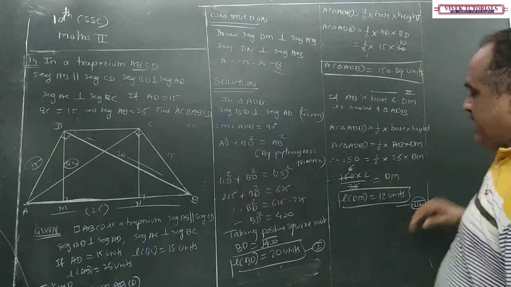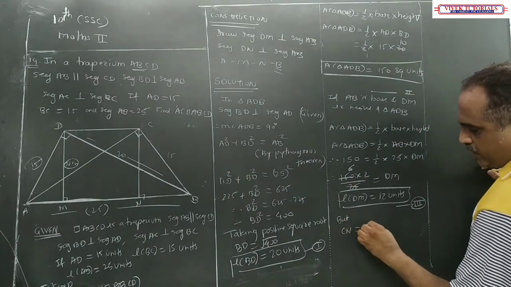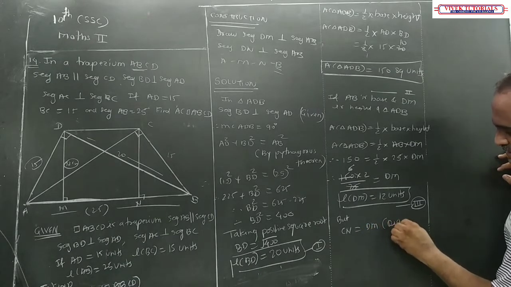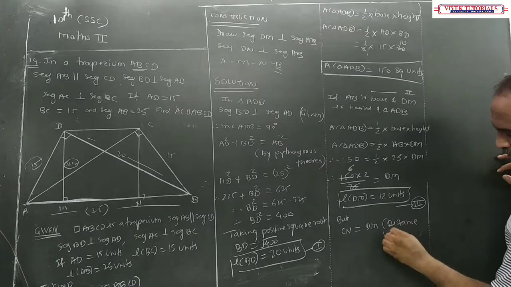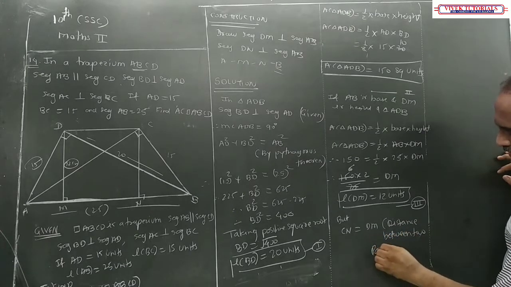So what is CN then? CN is equal to DM. Here we can write: distance between two parallel sides.